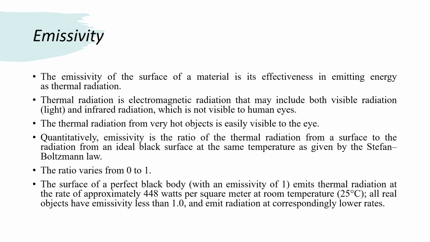Thermal radiation is an electromagnetic radiation that may include both visible radiation, that means light, and infrared radiation, which is not visible to humans. So basically thermal radiation is the combination of visible and invisible radiation. That is why thermal radiation is also known as electromagnetic radiation.